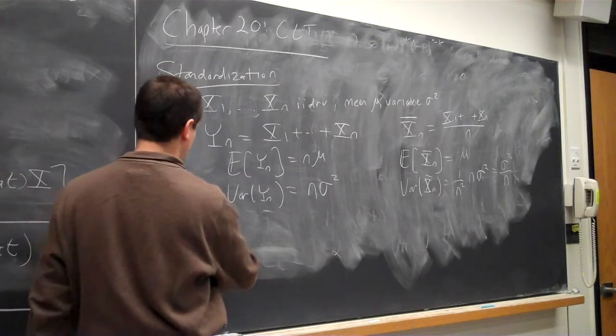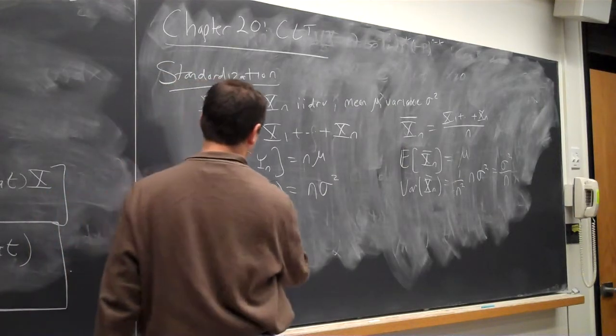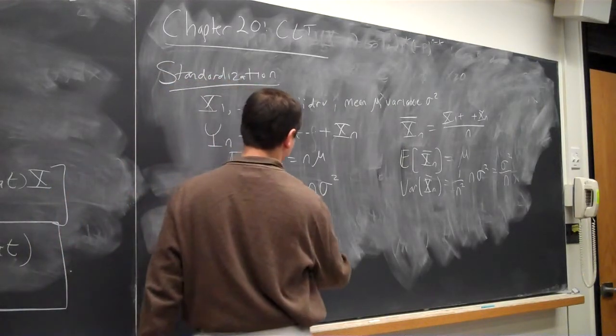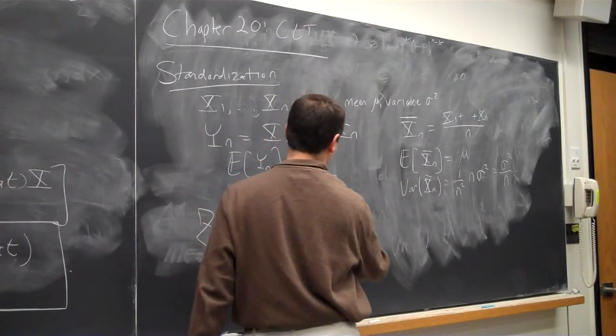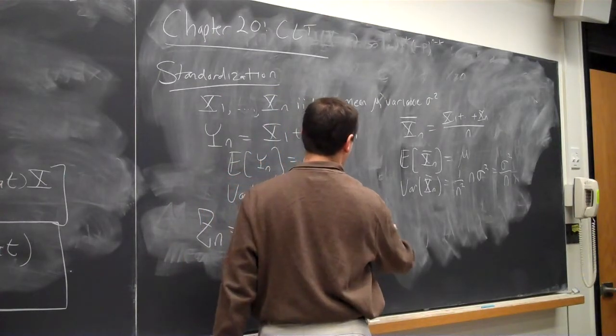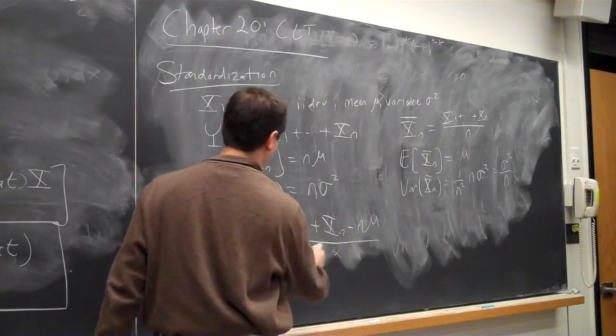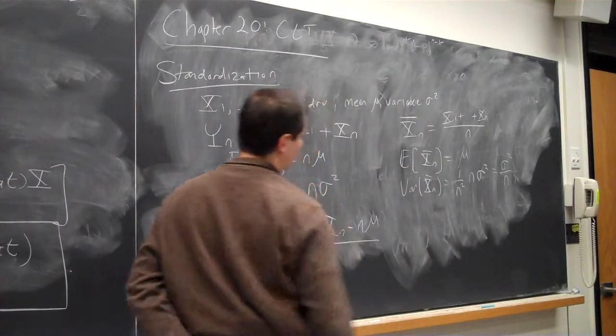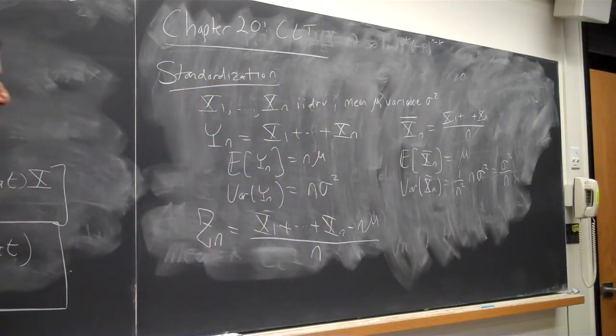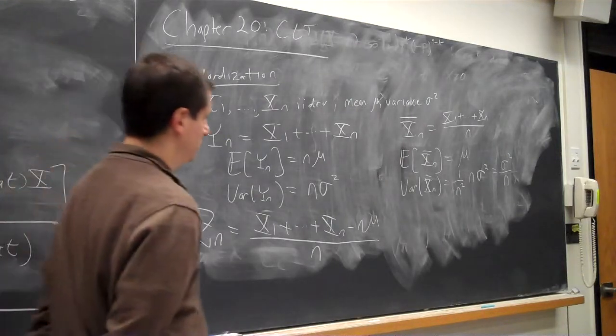So often we study Z n, which is X1 plus ... plus X n minus n times the mean, divided by n. The advantage of that is it's going to go down to mean 0. But now the variance will actually be getting smaller and smaller. So sometimes we adjust things a little bit.